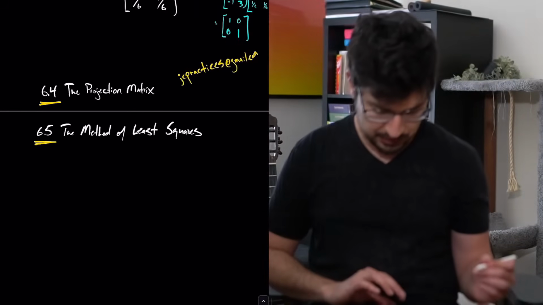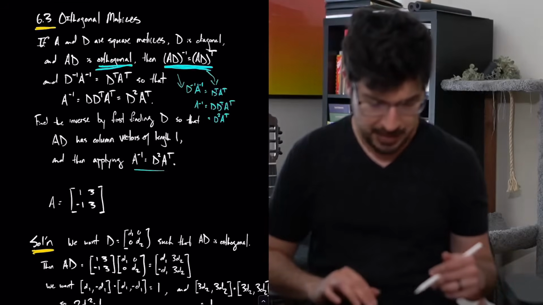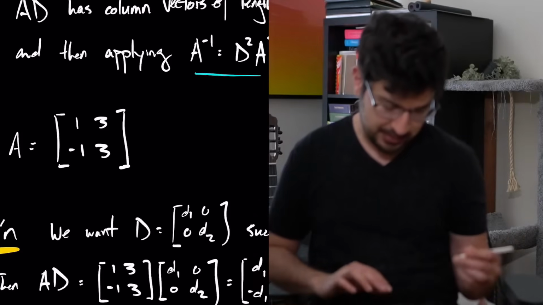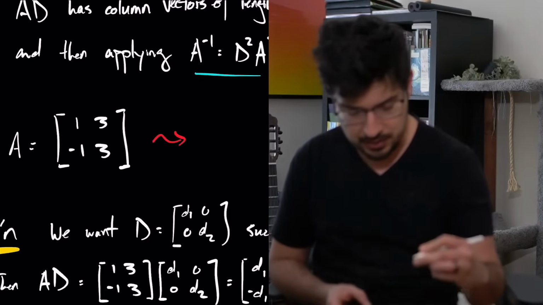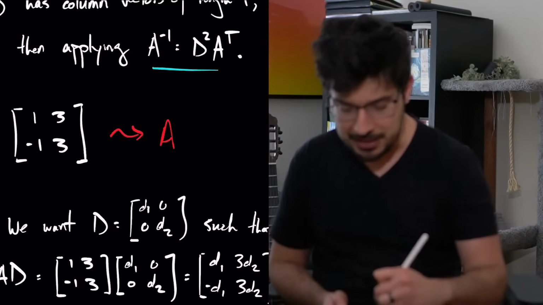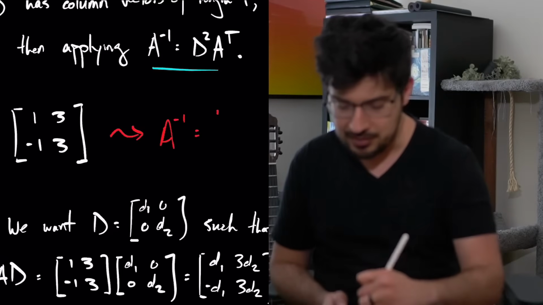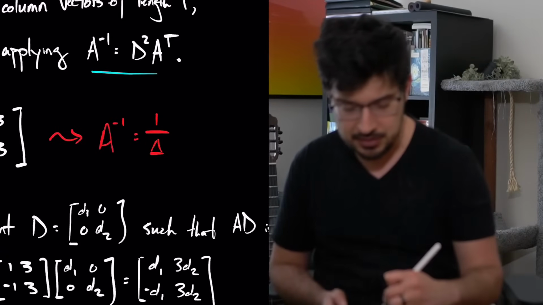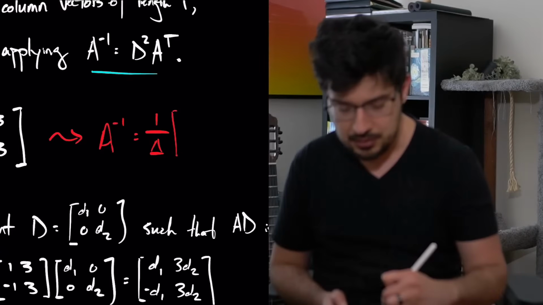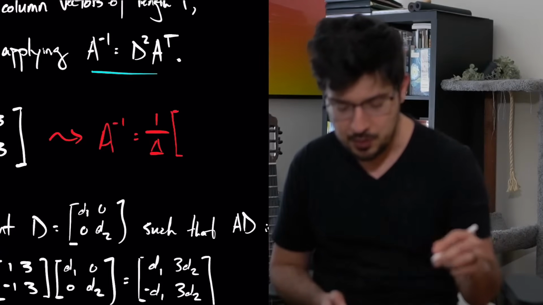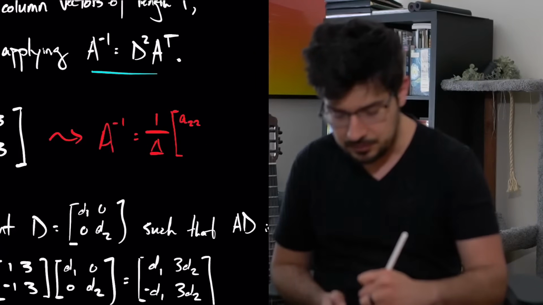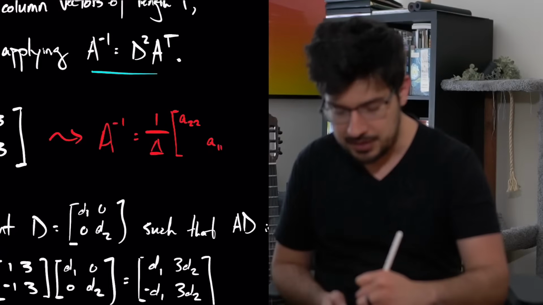All right, so we've solved this problem to find A inverse. Now, that was a giant waste of time because for a 2x2 matrix, we have a nice formula: this is 1 over the determinant of your matrix times the matrix where you swap the top left and bottom right entries, and then take negative values of the other corners.